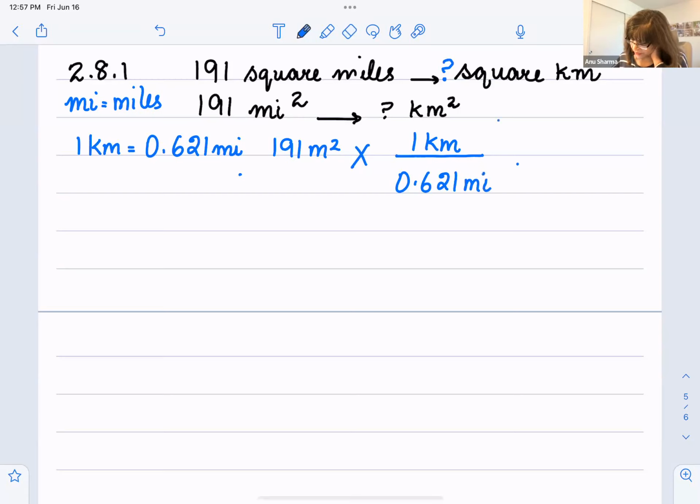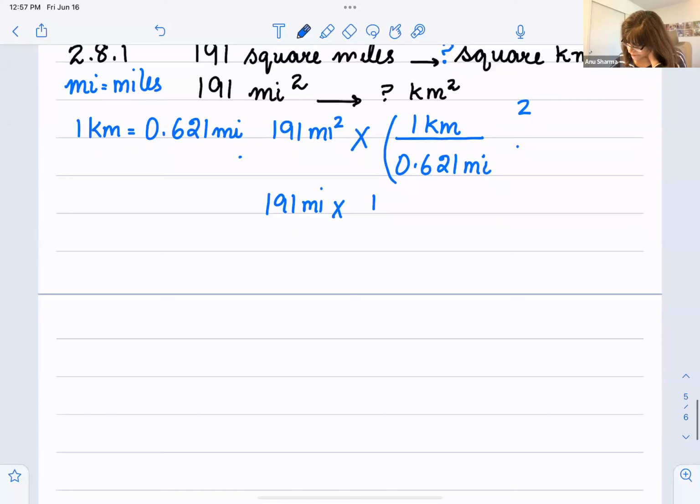So now 191 mile square times 1 kilometer square over 0.621 times 0.621, and that gives you 0.385 miles square.